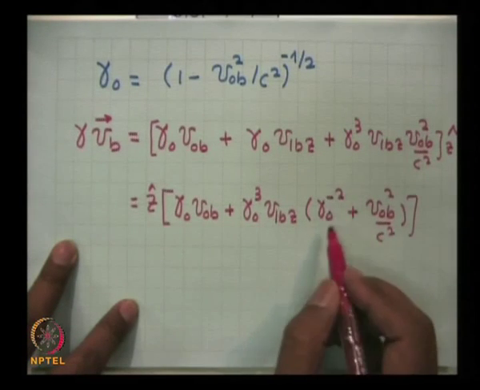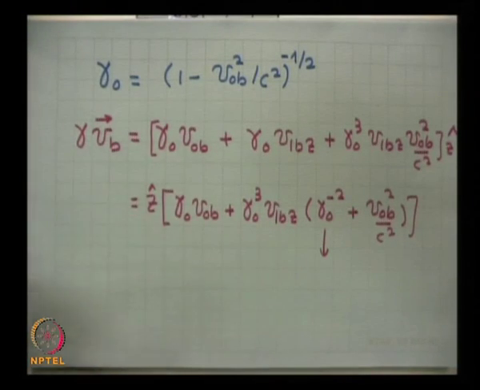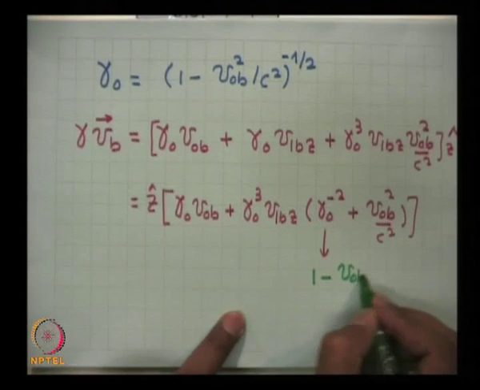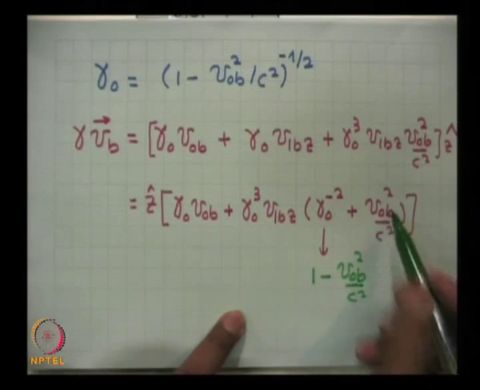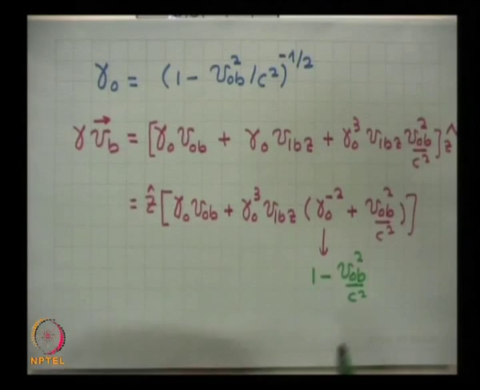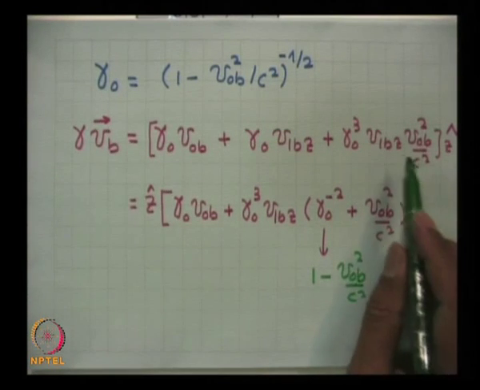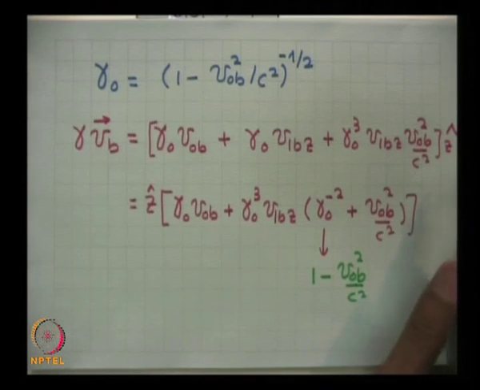This quantity you can write down as 1 minus V0b square by c square. This will cancel with this, so this becomes unity. And consequently, here I have ignored the square terms, the product of V1b with V1b, on linearization.